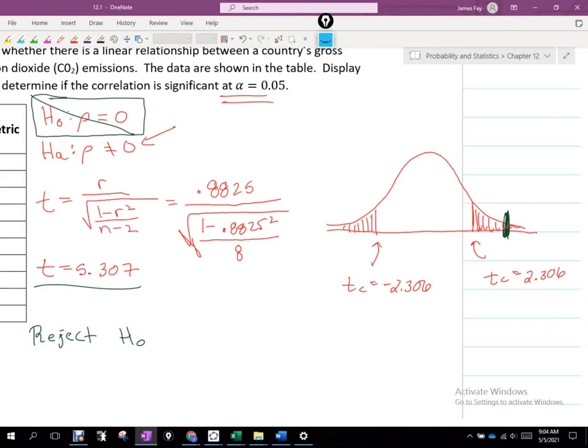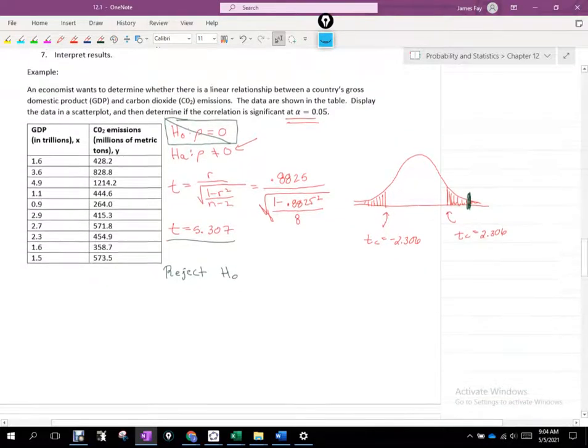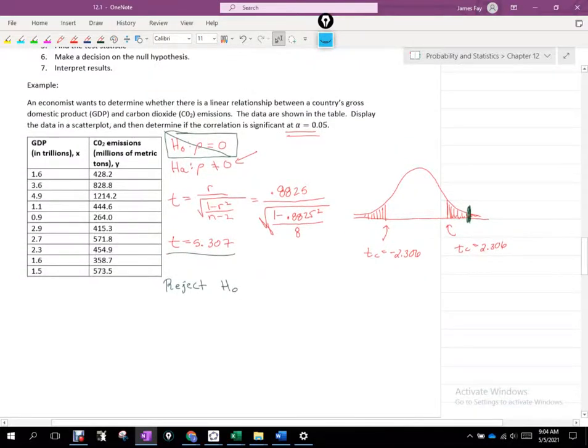Okay. Now, what I want to talk about real quick here, does that mean that the GDP, the gross domestic product, is the cause of more emissions? It does not. Okay?